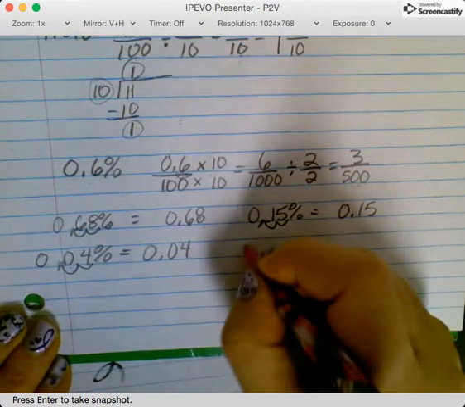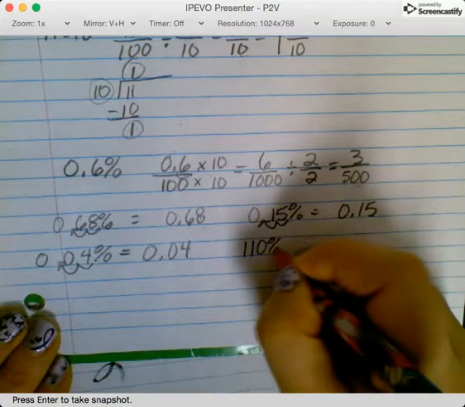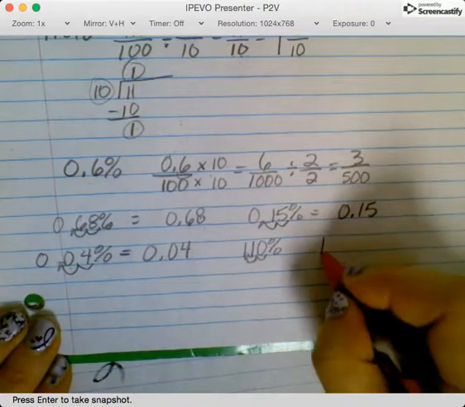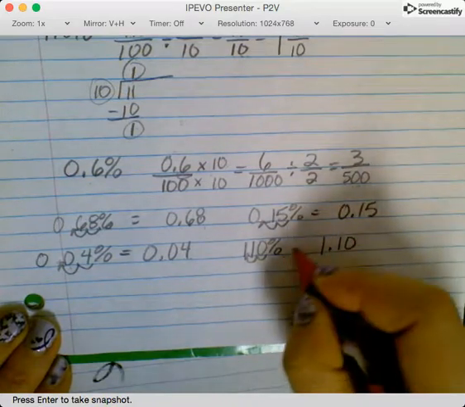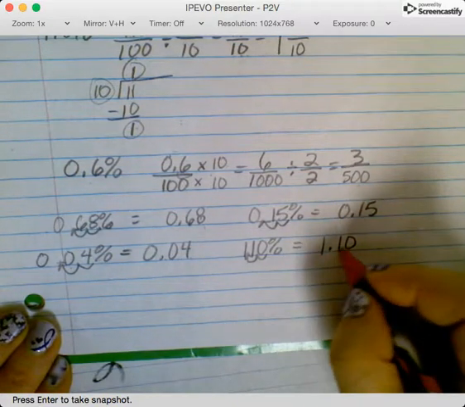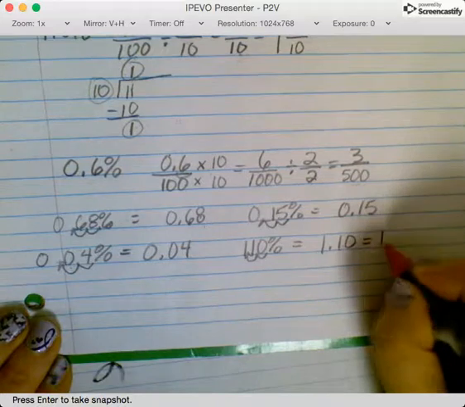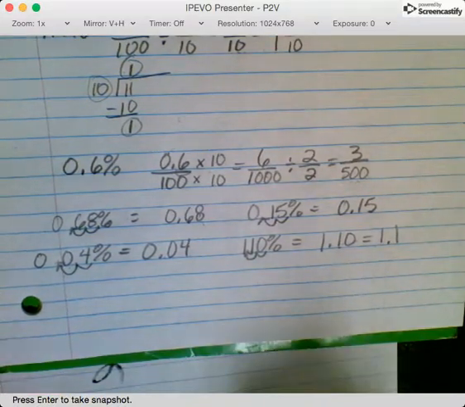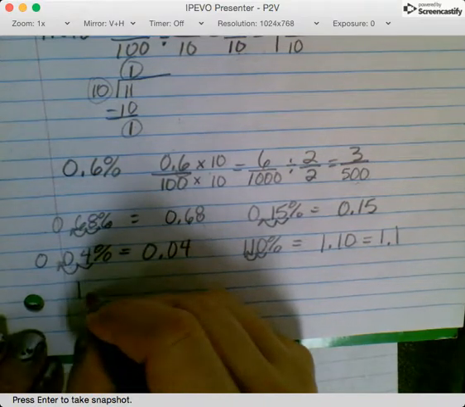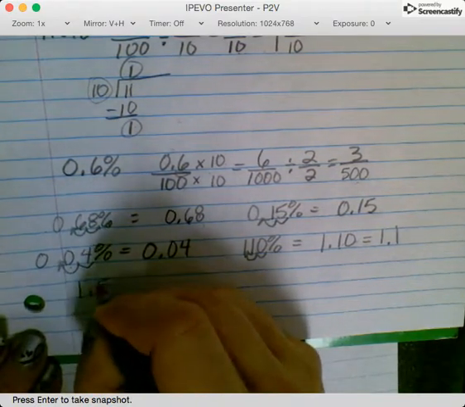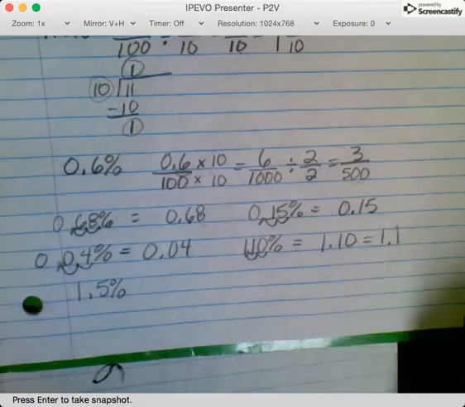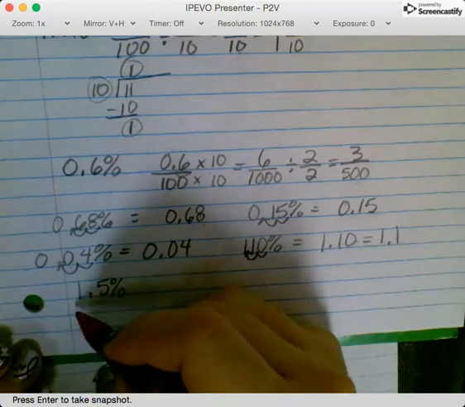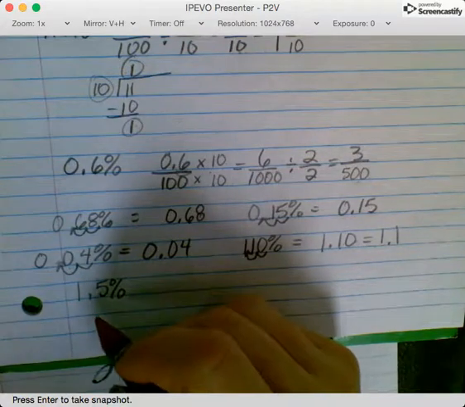And let's do 110%. Move the imaginary decimal twice. We have the decimal between the ones. So it would be 1 and 10 hundredths, or 1 and 1/10 if I dropped off the 0. An example with starting out using a decimal number would be 1 and 5/10%.